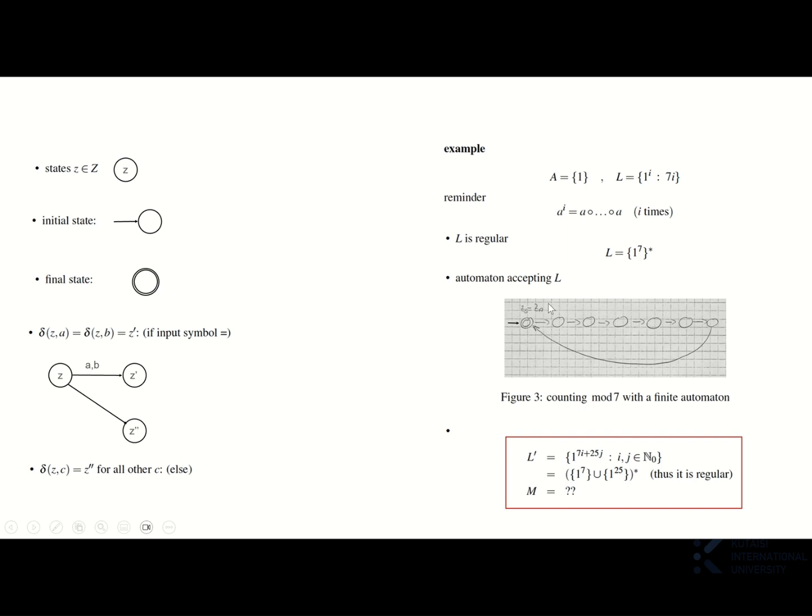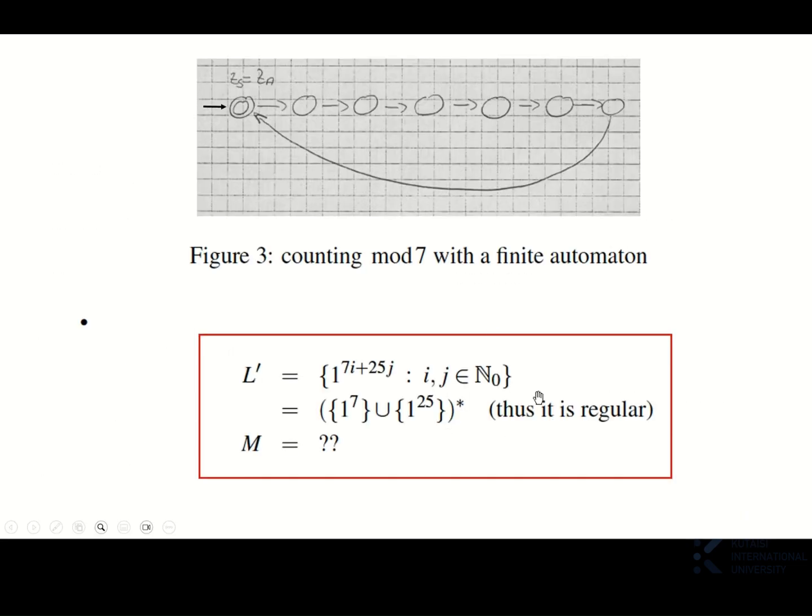So how we ended the last lecture was that we introduced this language here. Maybe I can zoom this in. This language L prime, you can think of it as having an alphabet that is just ones. So the only thing your DFA can read is ones.